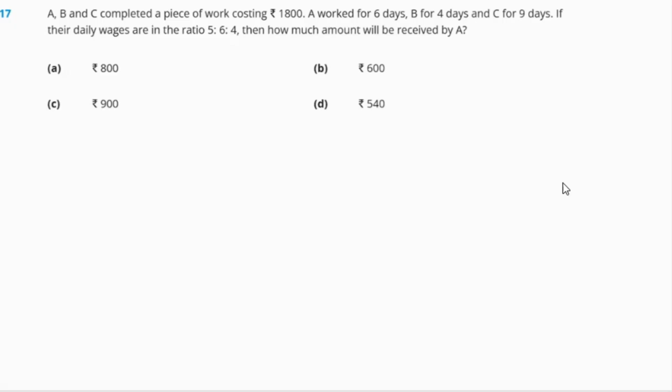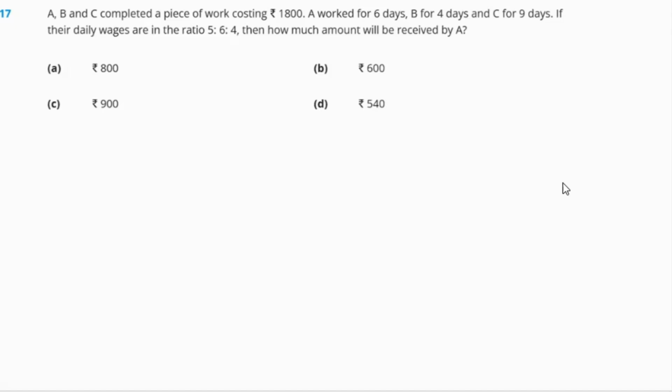Okay, next question, 17th question. A, B and C can complete a piece of work costing rupees 1,800, and A works for 6 days, B for 4 days and C for 9 days. If their daily wages are in the ratio 5 is to 6 is to 4, then how much amount will be received by A? So A, B and C are three persons.